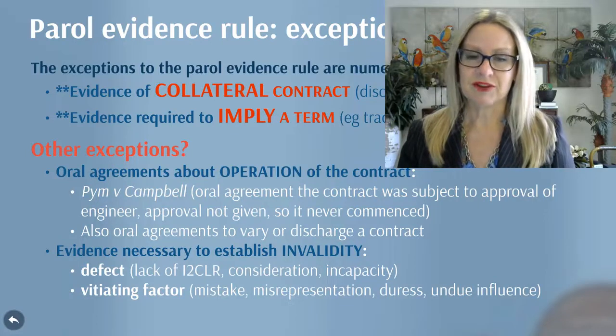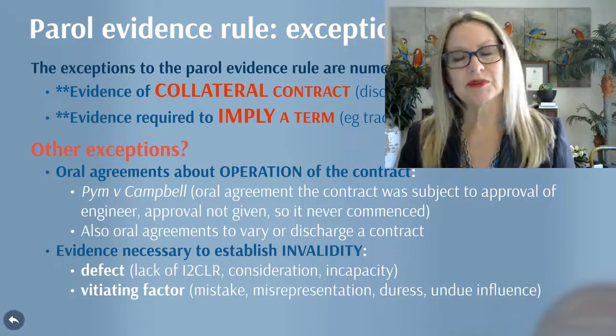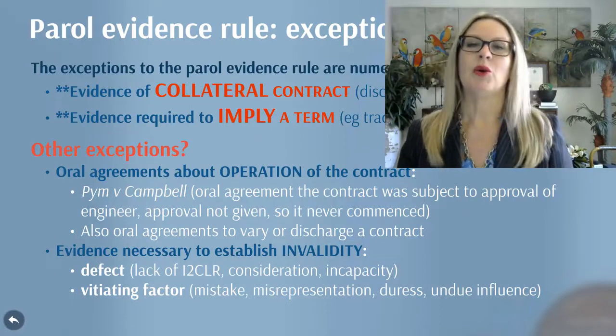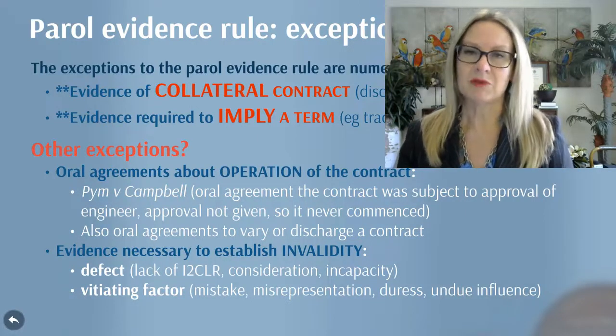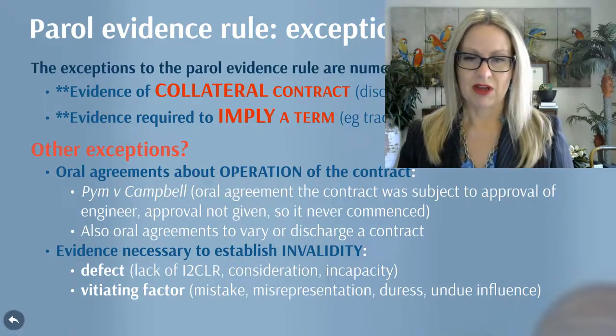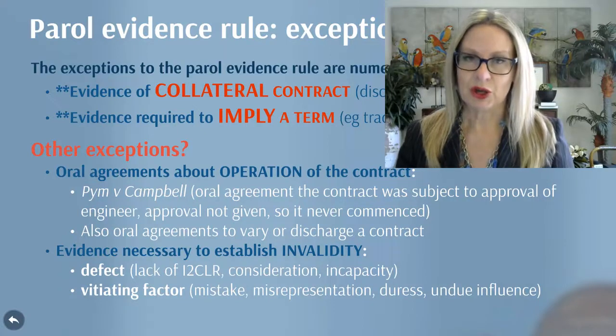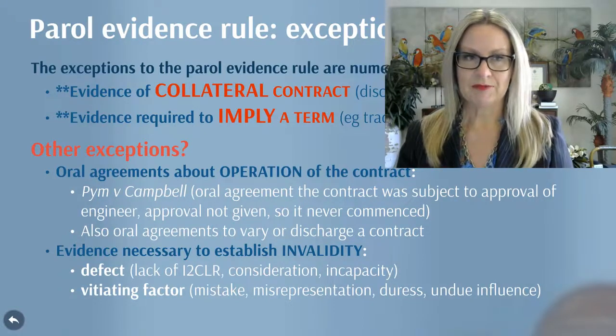Similarly, the vitiating factors: mistake, misrepresentation, duress, undue influence, unconscionable conduct, misleading or deceptive conduct, all of which we'll cover in this unit. If you need to make an argument that the contract was vitiated by one of these factors, then the court will let in evidence to help you establish that.